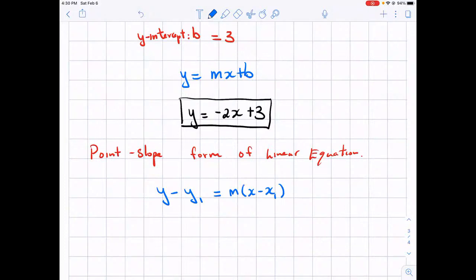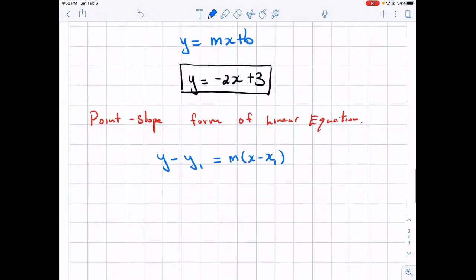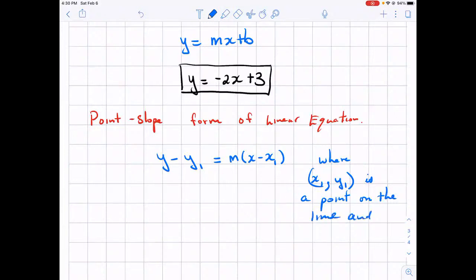Where (x1, y1) is a point on the line, and m is the slope.